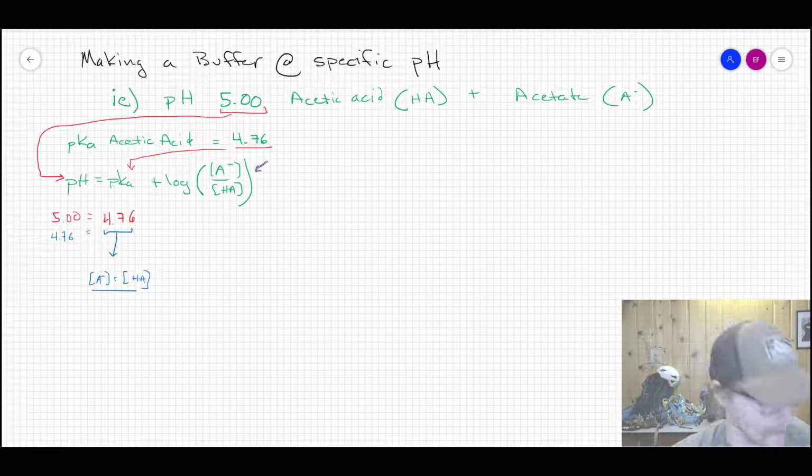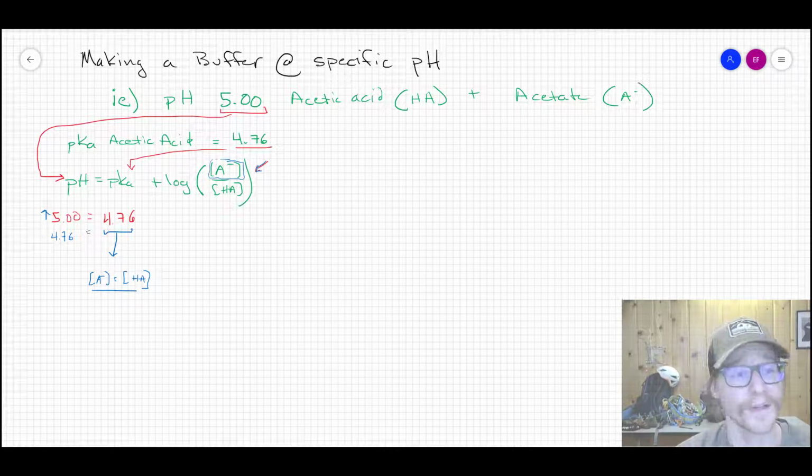This is not the case right now. We have something that's higher than 4.76. So what does that tell you about the ratio of A minus to HA? Now that the pH is slightly higher, and it's more basic, you have more of the base in solution compared with HA.